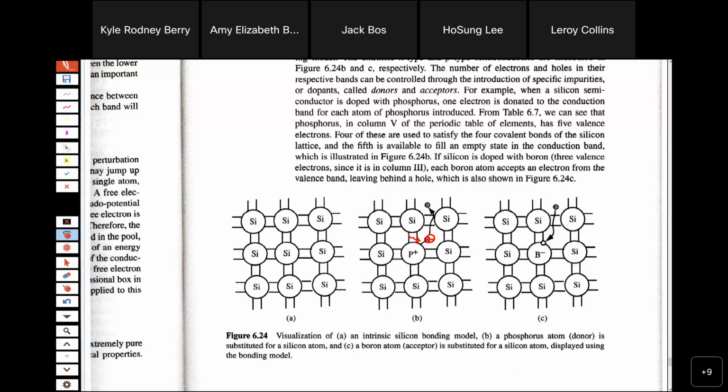Usually, in this case, when an electron is free, then there is a hole. This hole, another electron can replace, and then the hole is moving, not only the electron. So the electron has a minus charge, the hole has a positive charge.